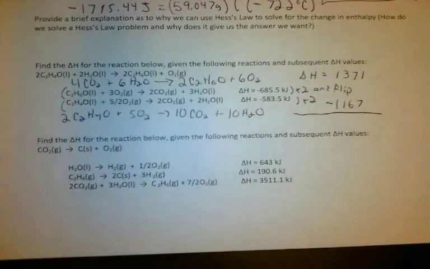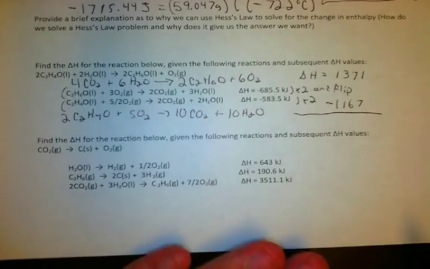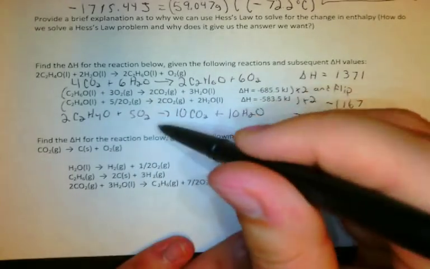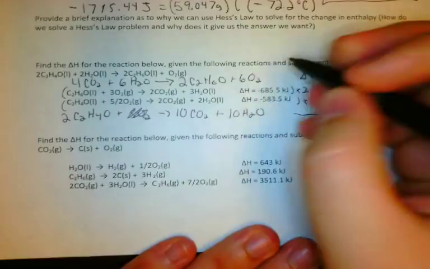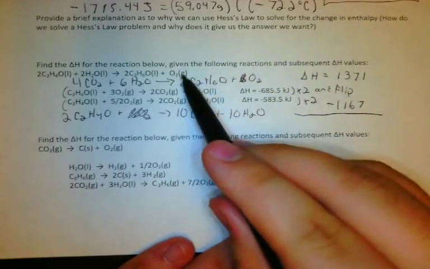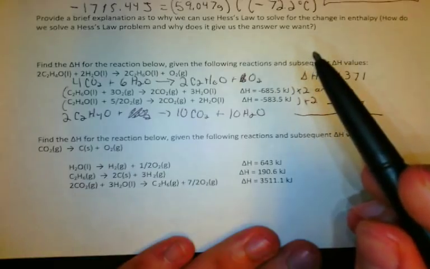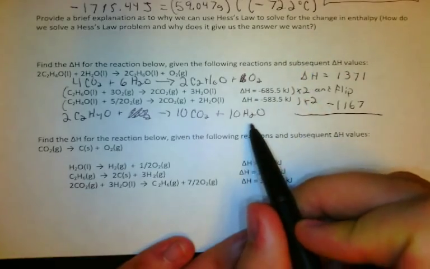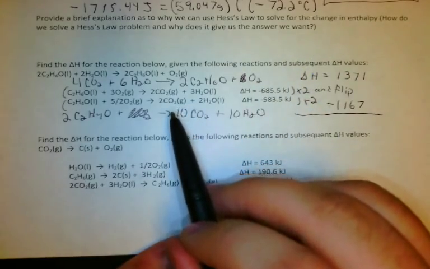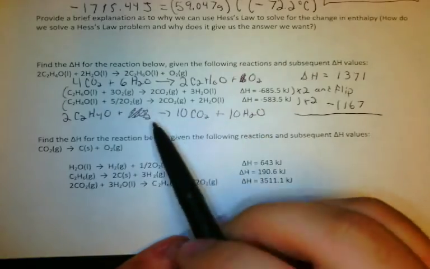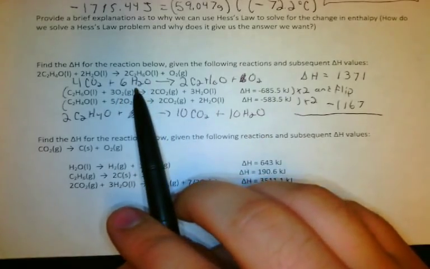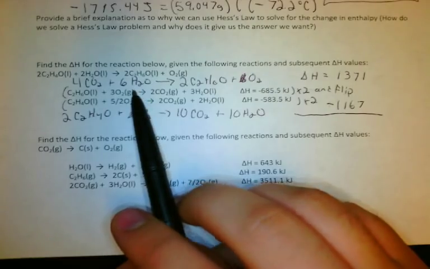So there's a good chance that everything cancels. So let's look. I have 5 O2s over here I can get rid of, and that leaves me with 1 O2. Perfect. I have, if I'm looking, 10 H2Os and 6 H2Os. Oh, I'm sorry.